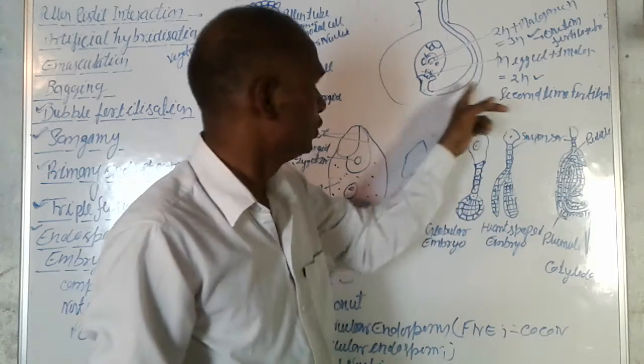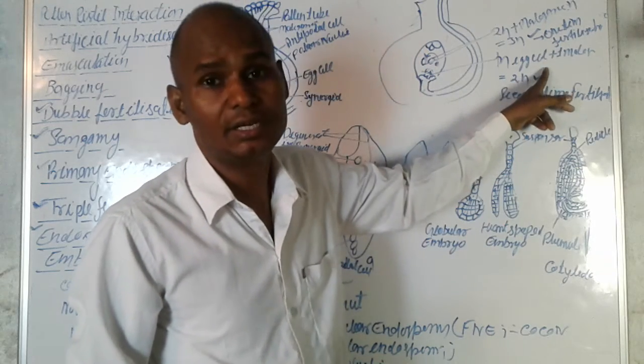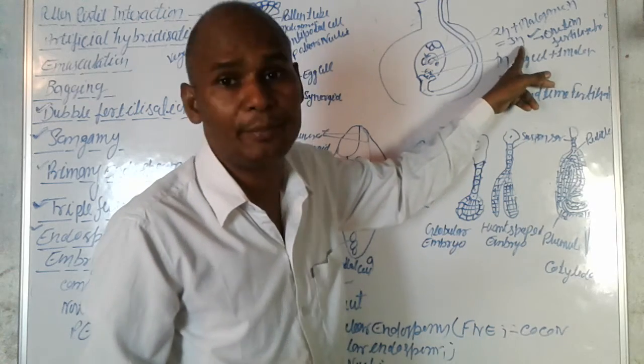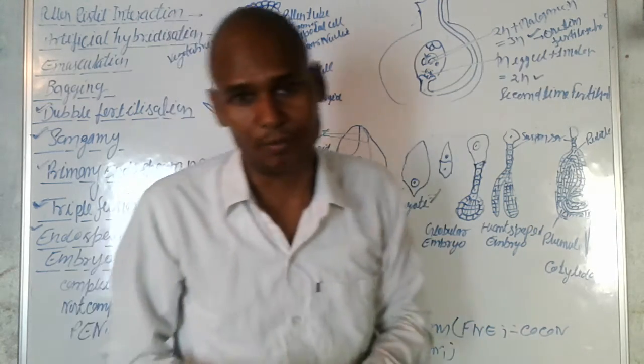So 2n makes the zygote and embryo, and 3n makes endosperm.